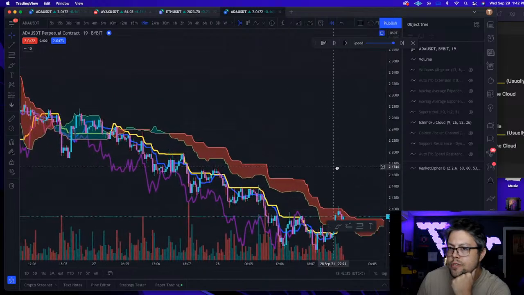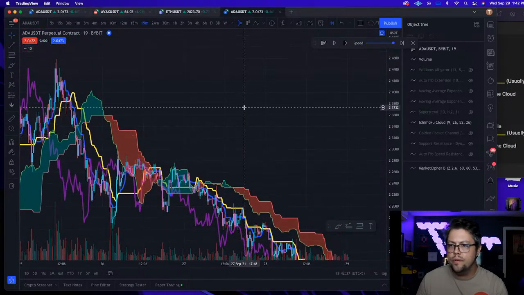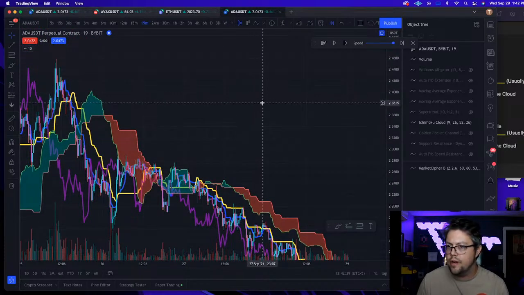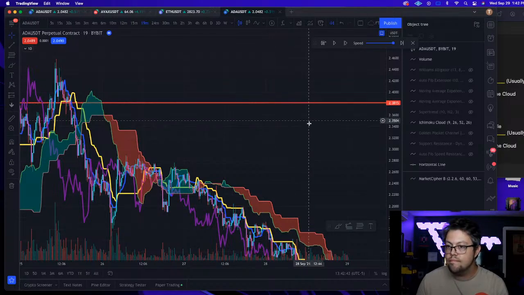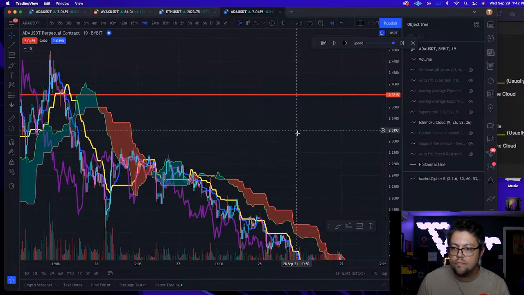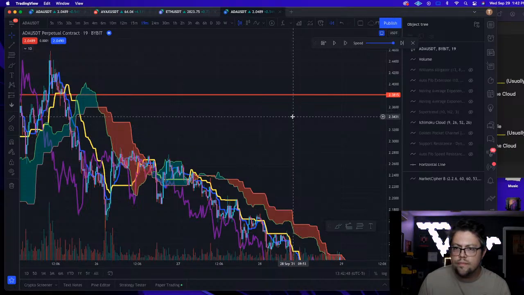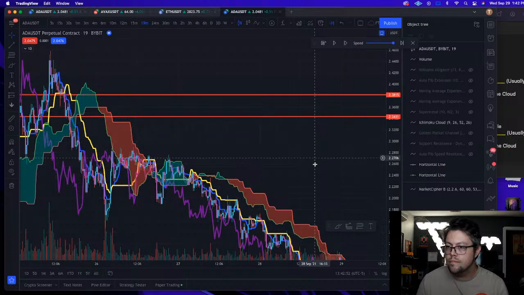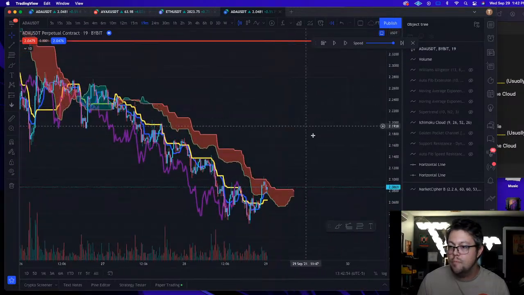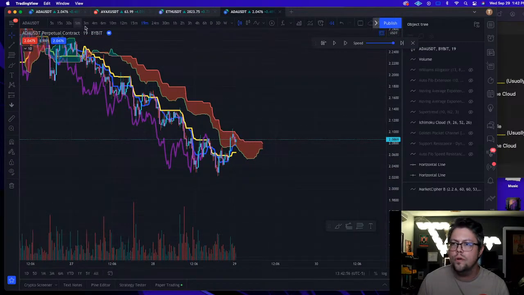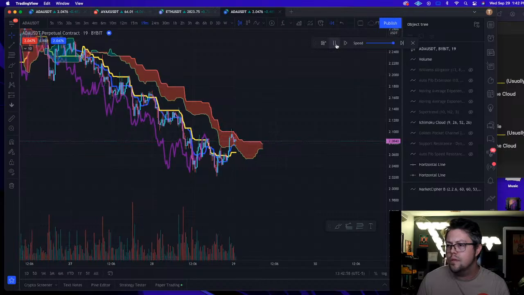And also keep in mind that I think we deleted it, but here's our stop loss right here. That's our stop loss. This was our entry right here. Not bad so far. So let's see.